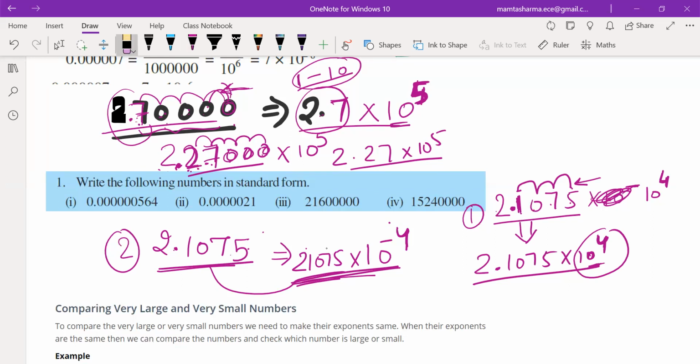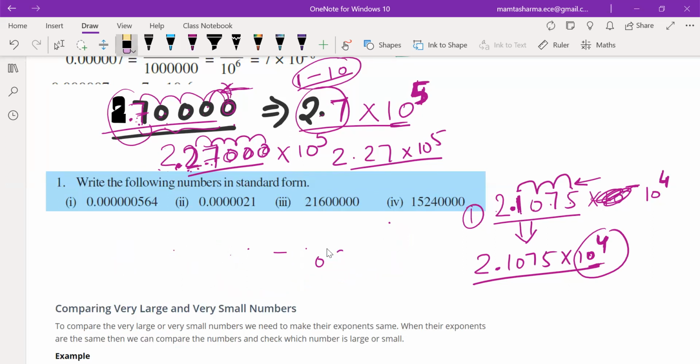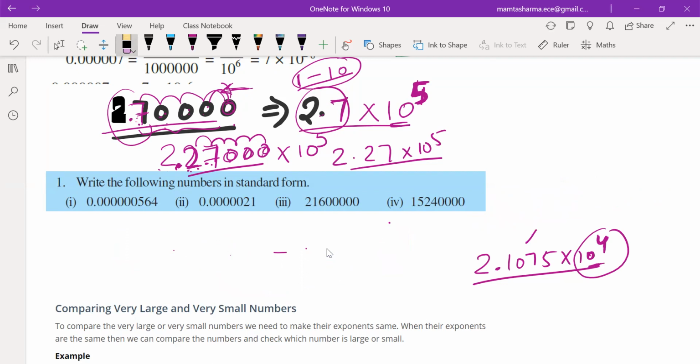Okay, if it is clear, then you please solve this question. I will assign each and every question to you separately. Wait, how many people are there? Let me see. Yes, Ananya, this is for you.